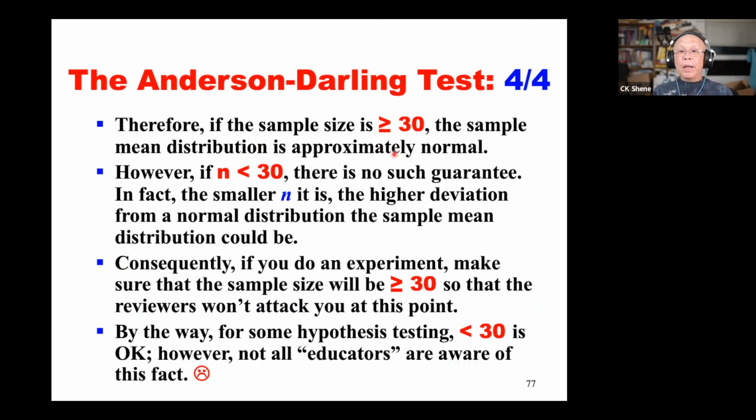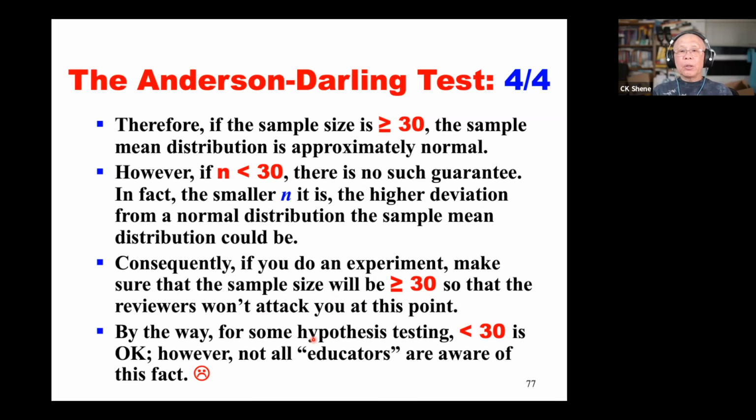However, if n is less than 30, there's no such guarantee. In fact, the smaller n is, the higher the deviation from a normal distribution the sample mean distribution could be. Consequently, if you do an experiment, make sure that the sample size will be no less than 30, so that the reviewers won't attack you at this point.